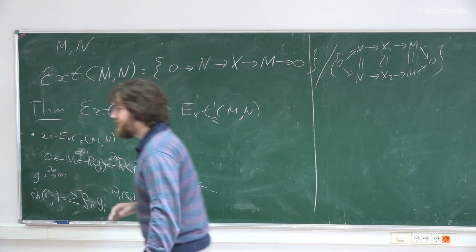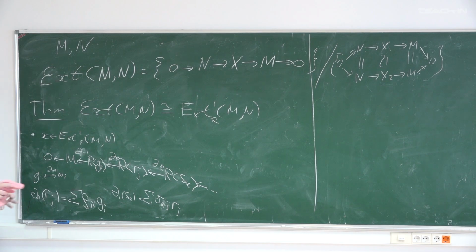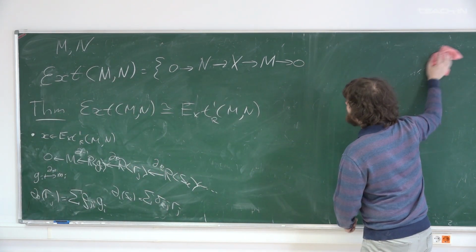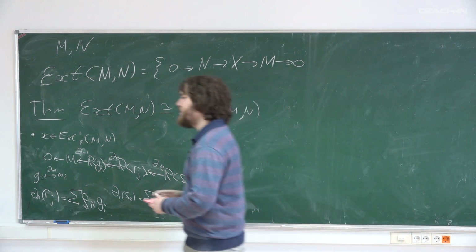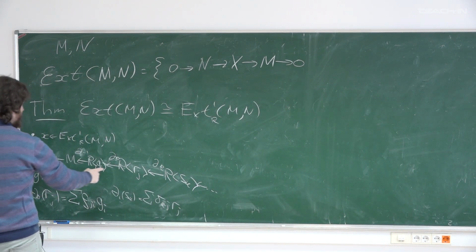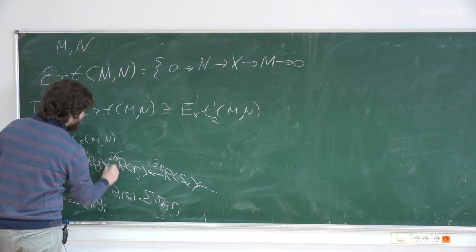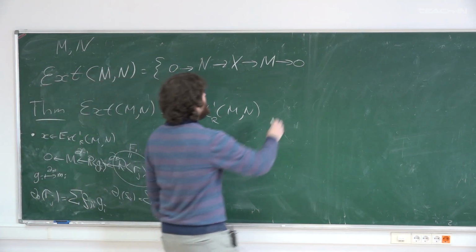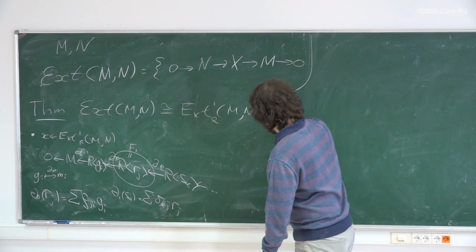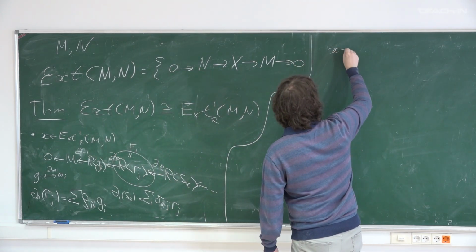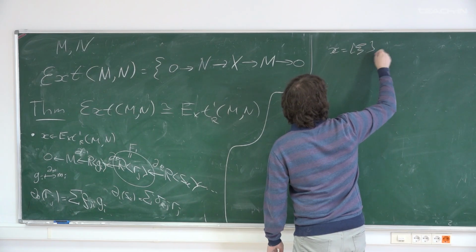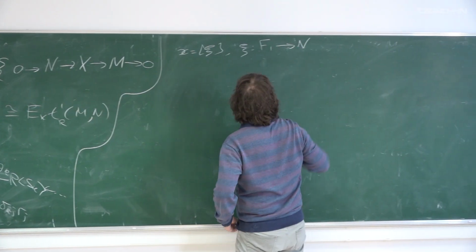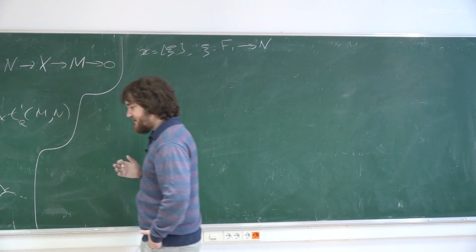Okay, so, what's Ext? I need to apply Hom to N from this, from which one? From the first one, from F1. So an element x is the cohomology class of some xi. Xi is a homomorphism from F1 to N, and it must be a cycle.